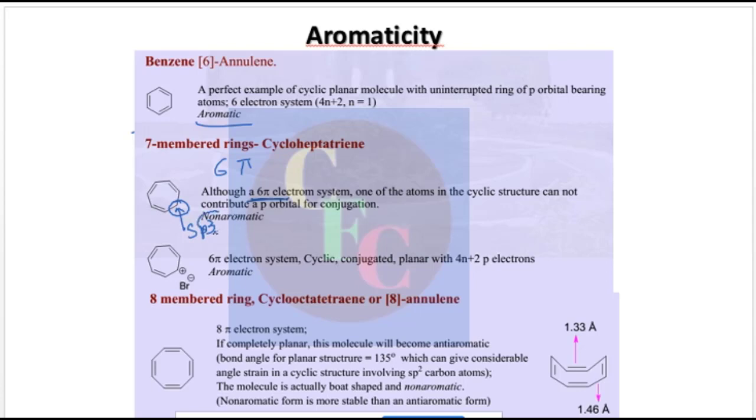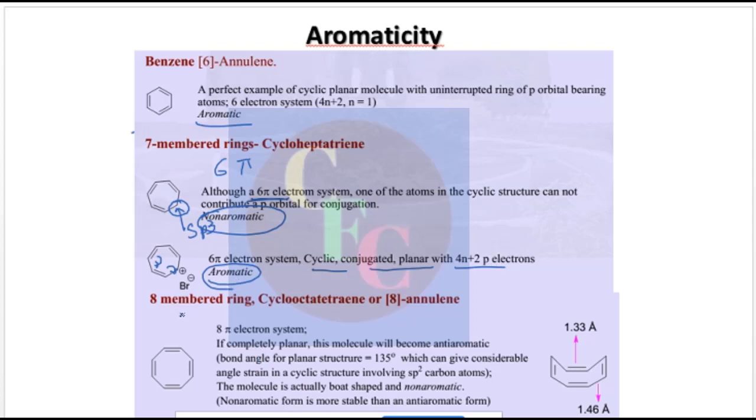So it is non-aromatic. Whereas if you make a cation here, now it is an uninterrupted system, right? And that's why it is aromatic now. It has 6 pi electrons, cyclic, conjugated, planar with a 4n plus 2 system, so it is aromatic.